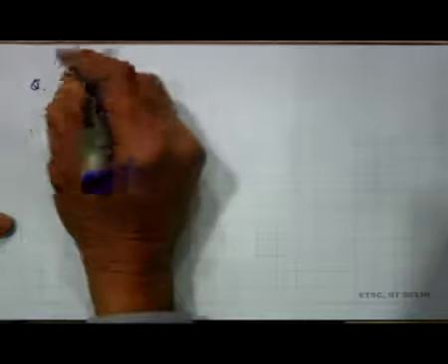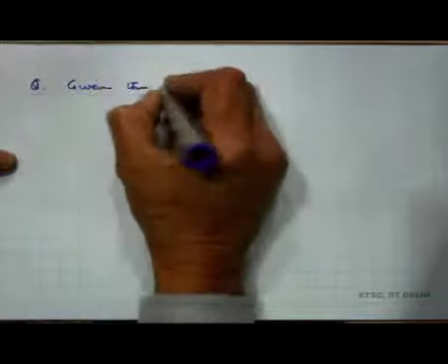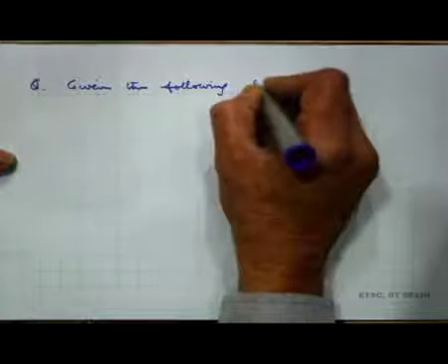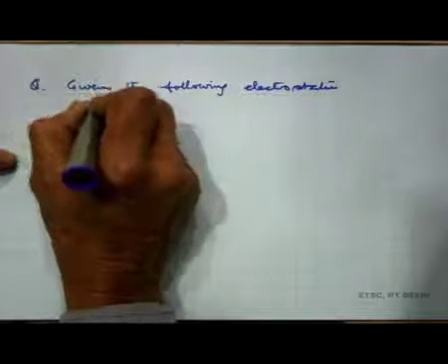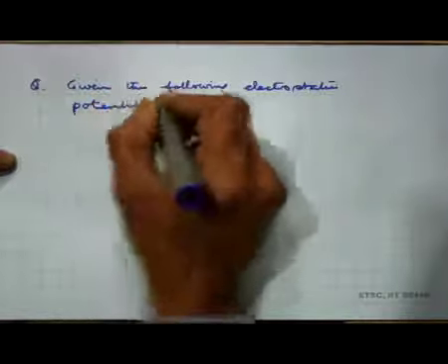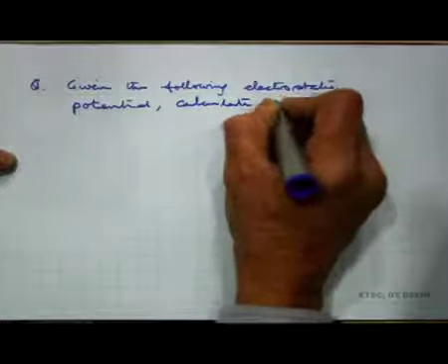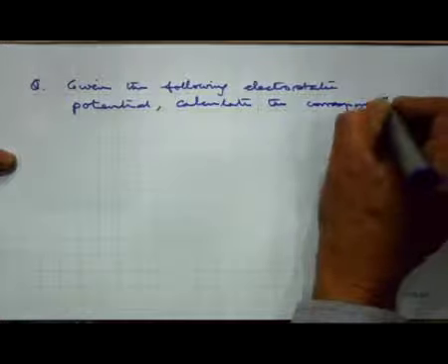Now, let me look at a second question. Remember, electric fields and potentials are related to each other. So, given the following electrostatic potential, calculate the corresponding electric field.